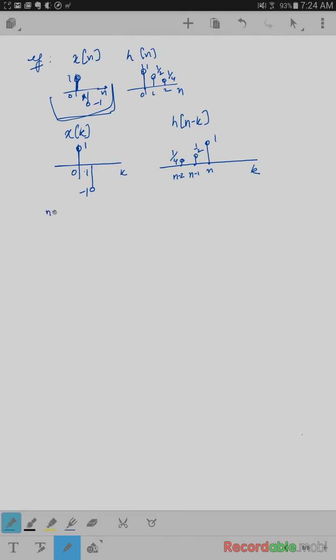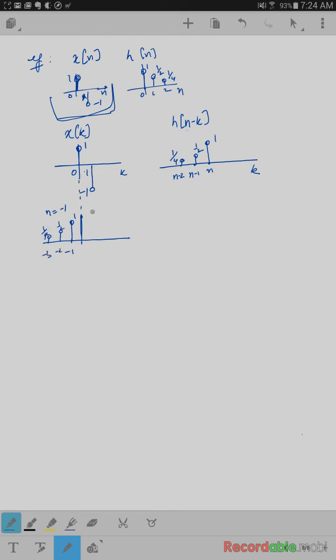For n equals minus 1, if you plot your signal h of n minus k, it's h of minus 1 minus k. You start at minus 1 and you get 1 and then a half and then a quarter, so it's minus 2, minus 3.